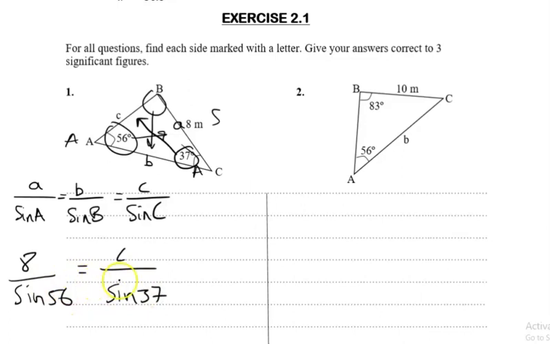Now to work out the value of c, we can cross multiply, and that's going to be 8 times sine 37 equals c times sine 56.